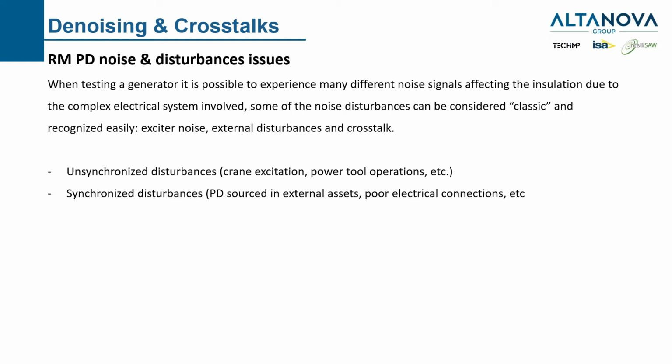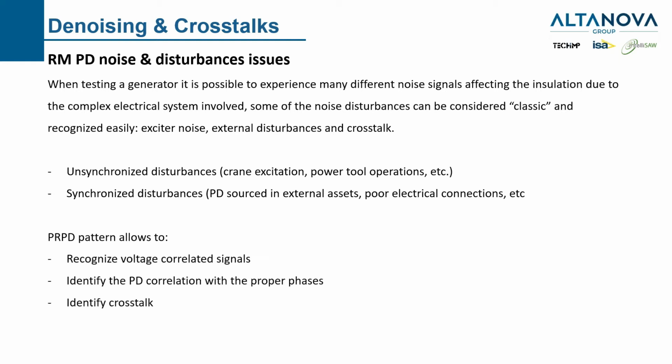All these things are very uncomfortable to bring inside the acquisition, so if possible, it would be nice to remove them. In this case, we take advantage of the phase resolved PD pattern to recognize the voltage correlated signal, to identify the PD correlation with their own phases, with the source of the PD, and to identify crosstalk signals.